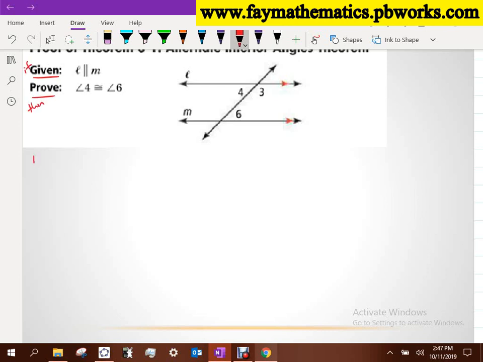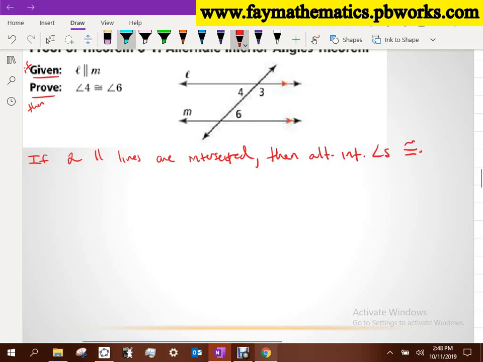If I were to go back to that statement, it said if 2 parallel lines are intersected by a transversal, then alternate interior angles are congruent. Okay? This is kind of maybe the first time we've seen this.